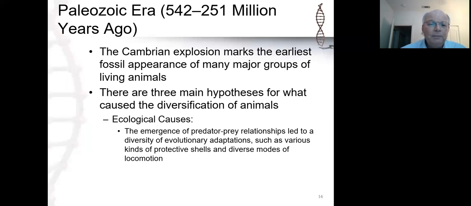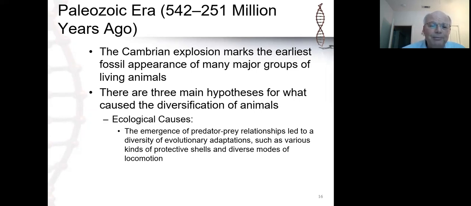And apparently, during the Ediacaran, there was very little evidence for predation, probably because the development of predatory devices would not take place until the Cambrian explosion. At least that's what the fossil record suggests.